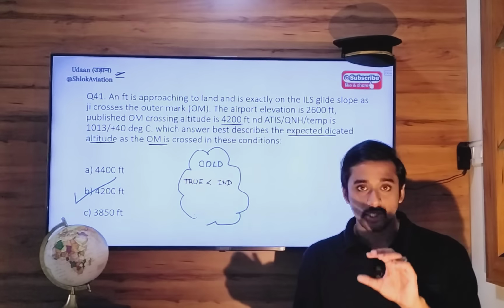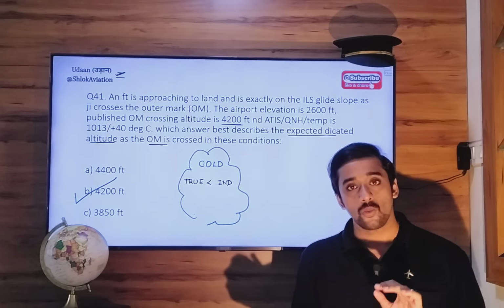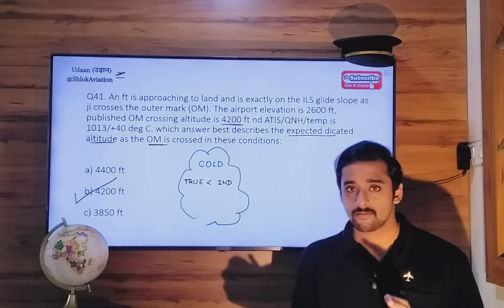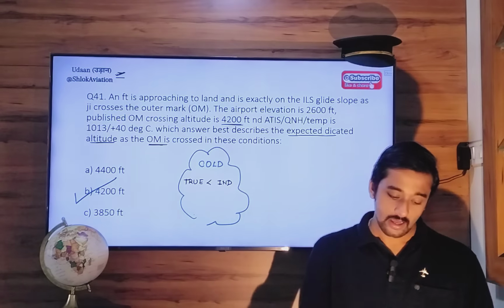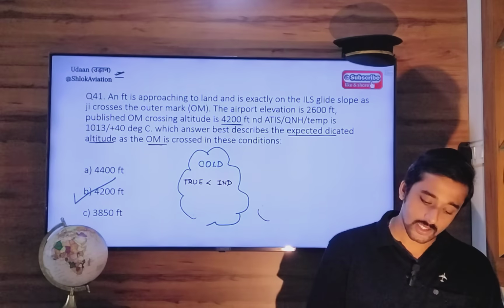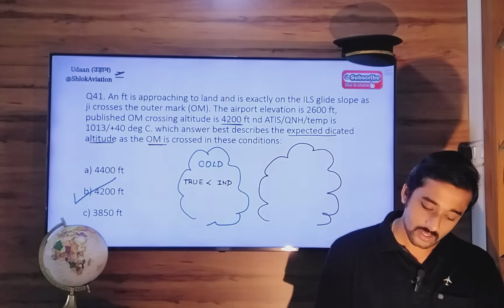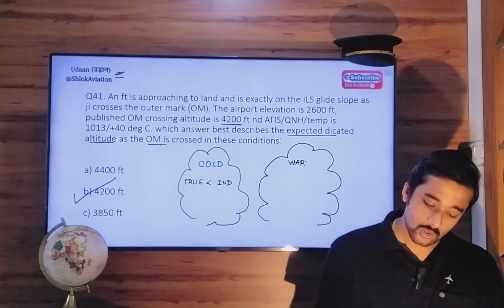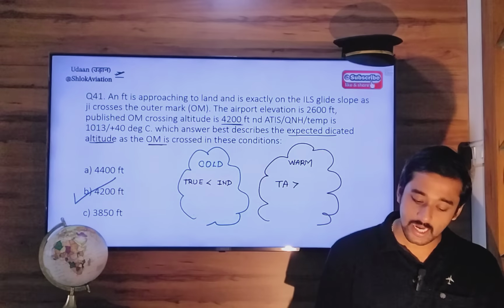So the altimeter may be showing 5,000 feet, but the actual altitude at which you are flying will be less than 5,000 feet, 4,000, 4,500, any value less than 5,000. When you fly in a hot air mass or in a warmer than ISA air mass, the true altitude of your aircraft is more than indicated altitude.